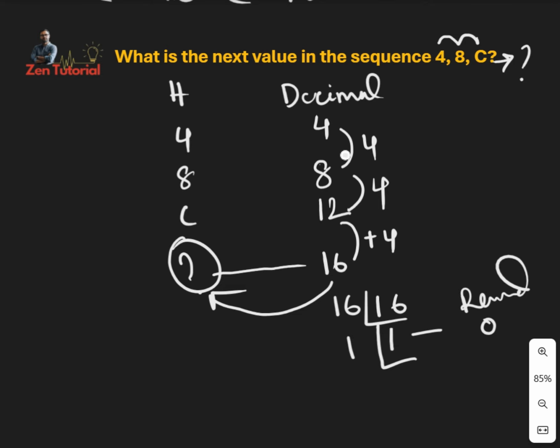Again, we have to divide 1 by 16. Here 0 and remainder is 1. So MSB to LSB, the value will be 10, right? So this value 10 is in hexadecimal number. So the next value of C will be 10, not ten, by the way. This is hexadecimal 10.